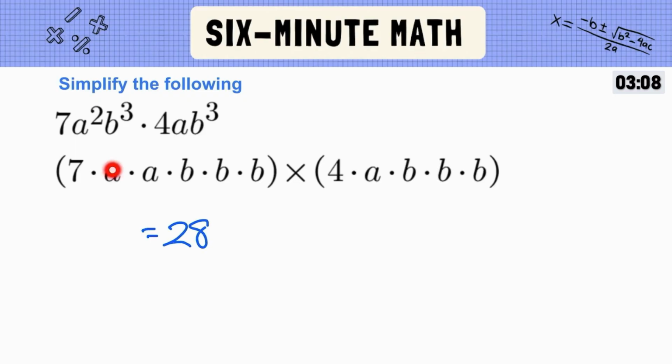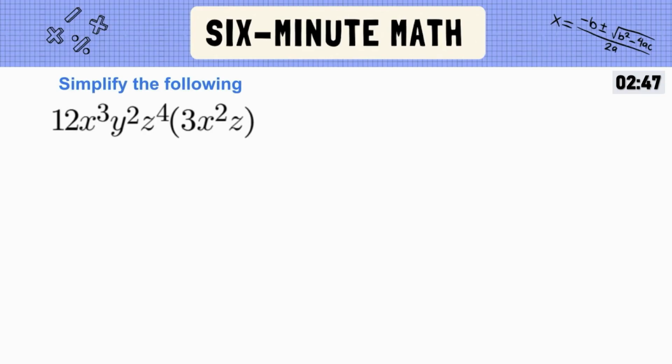And then I have 1, 2, 3 a's multiplied together for a cubed. And then I have 1, 2, 3, 4, 5, 6 b's multiplied together for b to the power of 6.